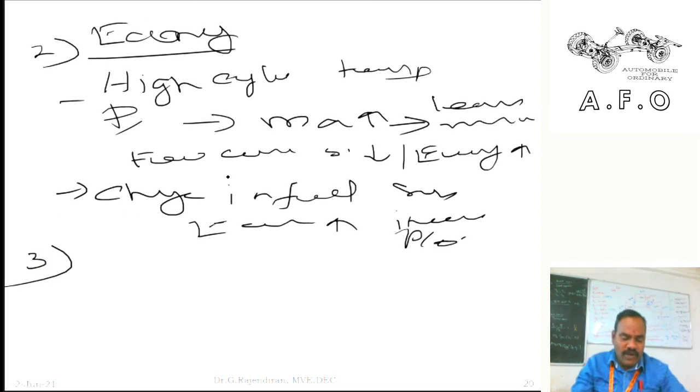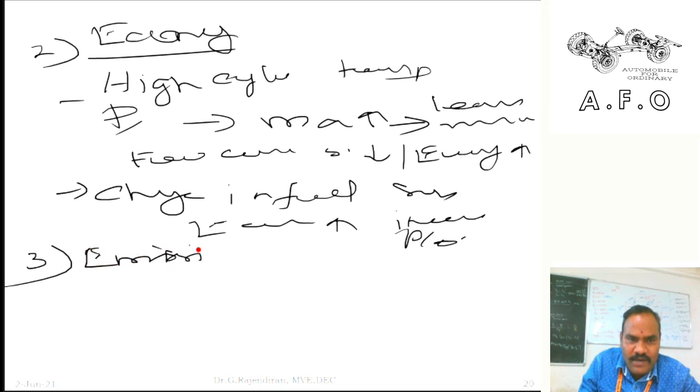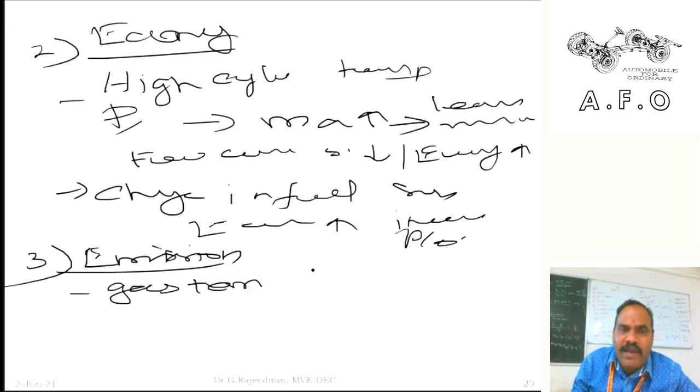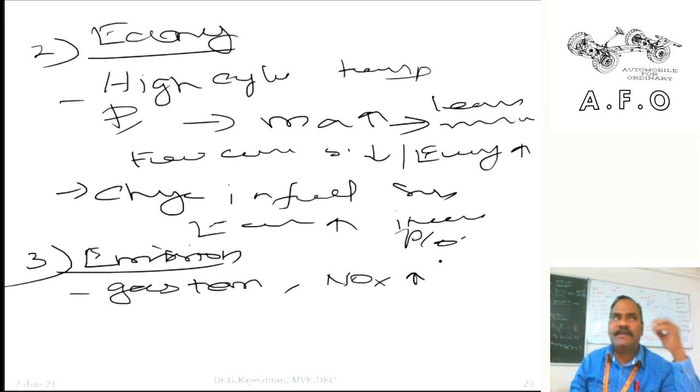And next one is emission. So what will be the change? When you are increasing the gas temperature, what will happen? The NOx is increased, because of increasing the gas temperature and admitting more quantity of air, the oxides of nitrogen emission is increased.